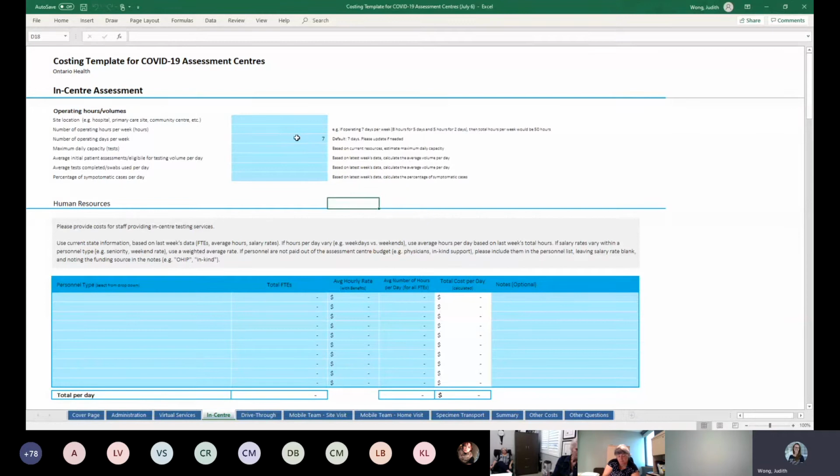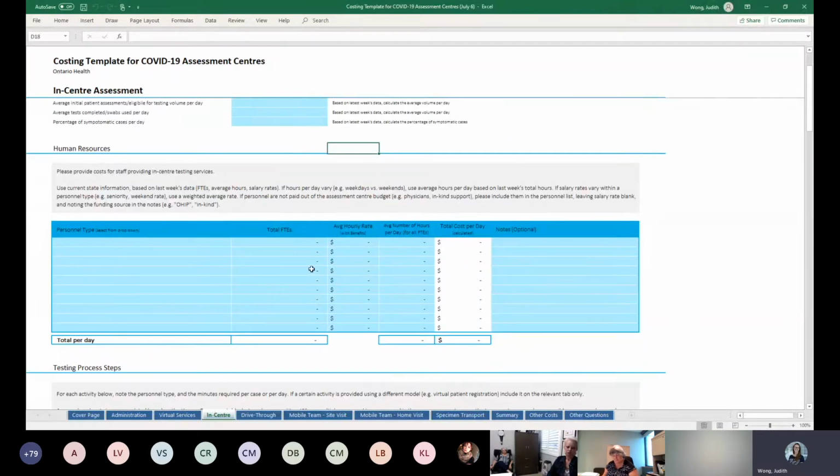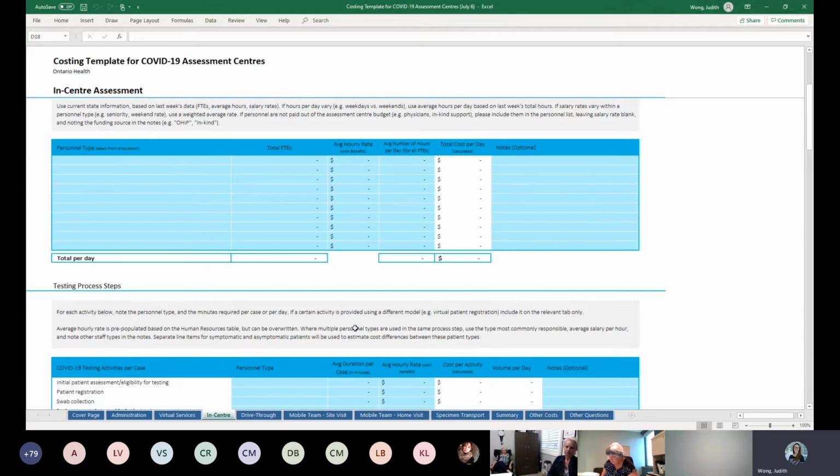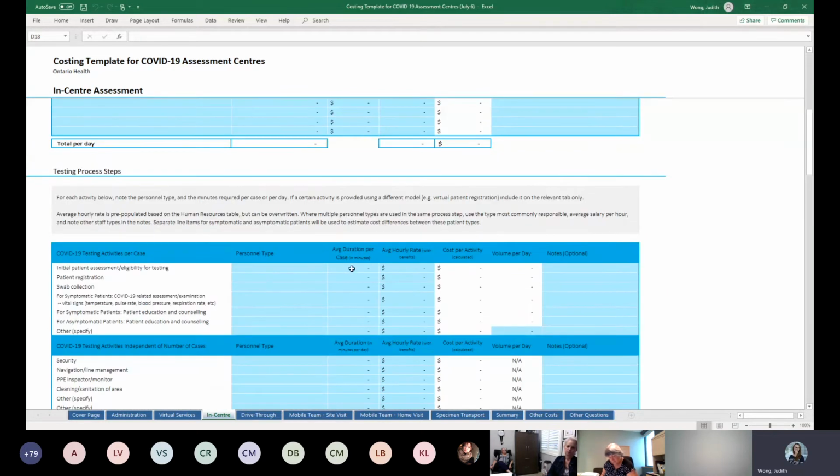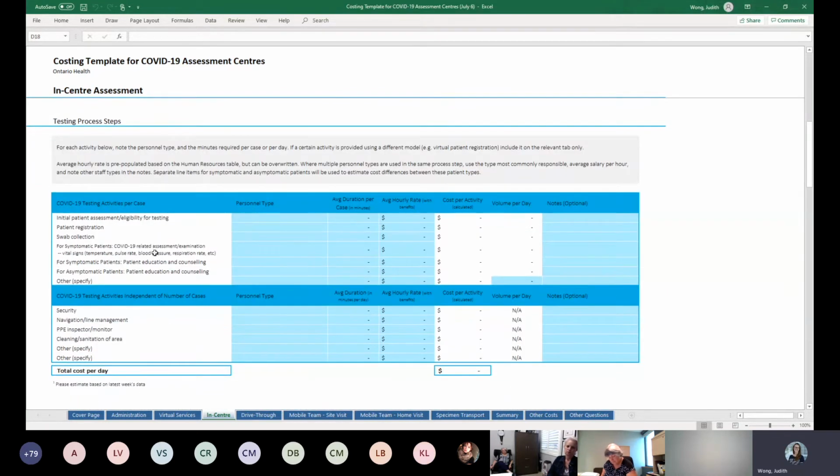In that case, you would report the total volumes across both sites, total hours across both sites, the total FTEs and hours across both sites, and then you would report the average of all of these activities across both sites.